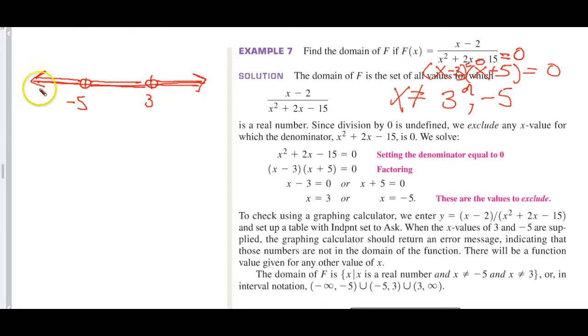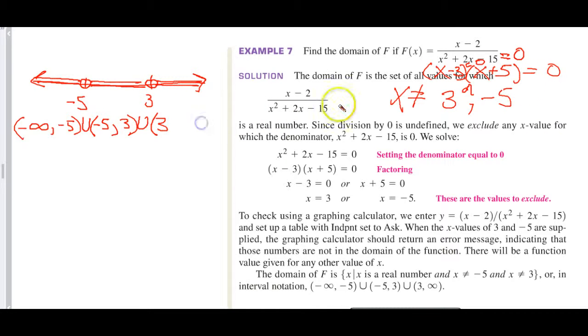So writing this now into interval notation, it's coming from negative infinity up to negative 5, parenthesis. Then we have union, parenthesis. It's going to start with negative 5, go up to a 3, parenthesis, because 3 is not included, union, parenthesis, 3 again on the other side, and what am I doing here?